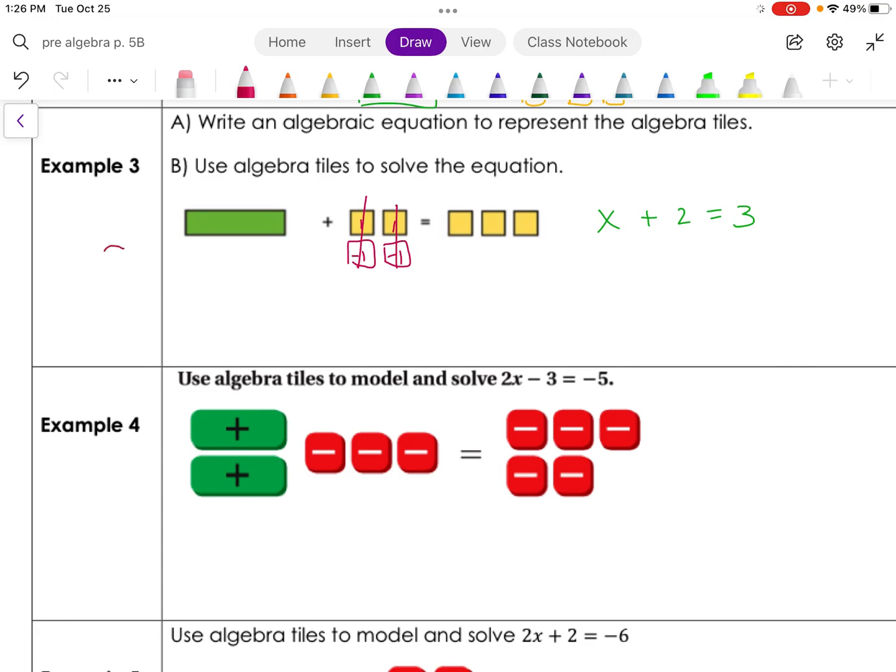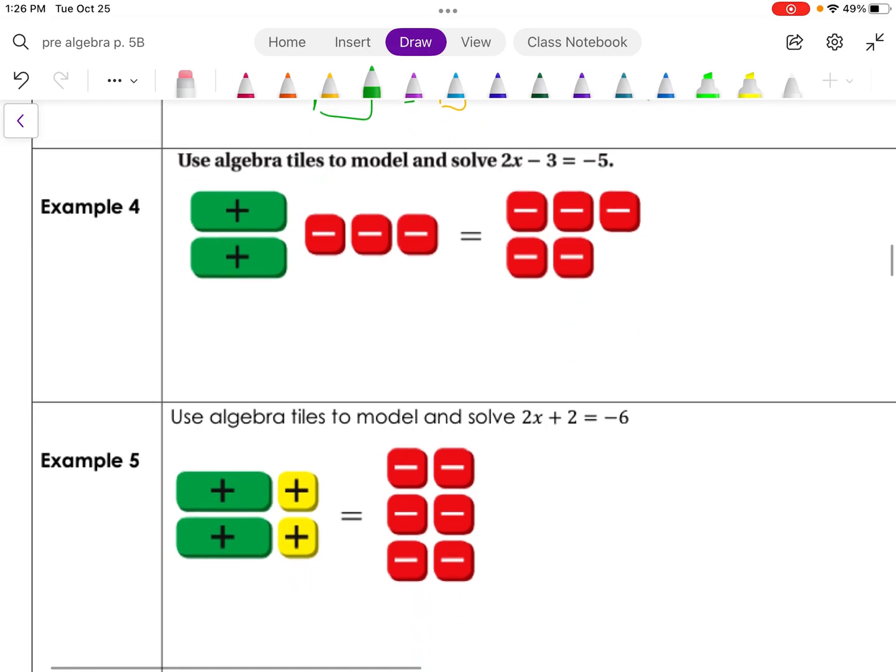Since I subtracted 2, okay, that's what we're doing, we subtract 2 on the left, I want to subtract 2 on the right. So then 1 minus 1 cancels out, 1 minus 1 cancels out, and all I'm left with is an x on the left and 1 on the right, which means that x equals 1 is our answer.